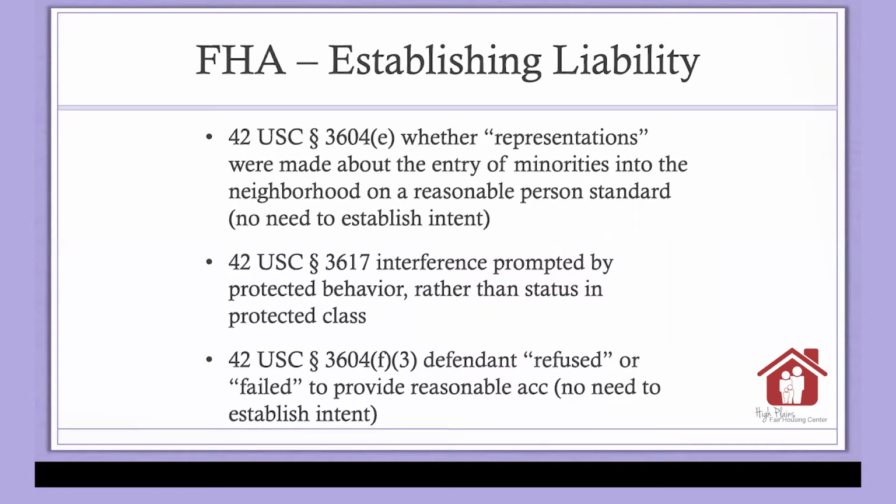That was and is analyzed on a reasonable person standard with no need to establish intent, similar to subsection C. Also, 42 USC section 3617, the interference claim: the inquiry is not whether the interference, coercion, or threats were done because of someone's membership in a protected class, but rather whether this interference was prompted by the protected behavior. So that's a little different.